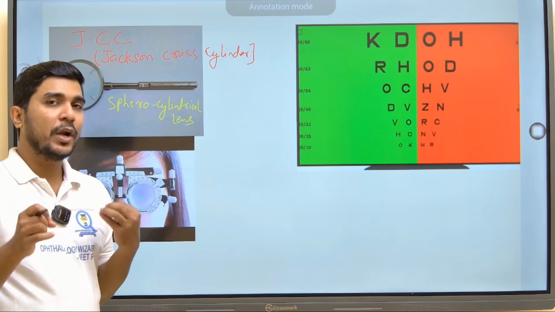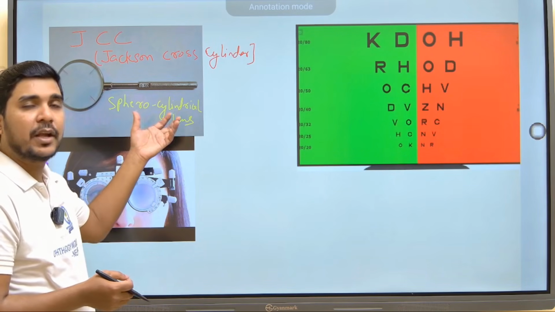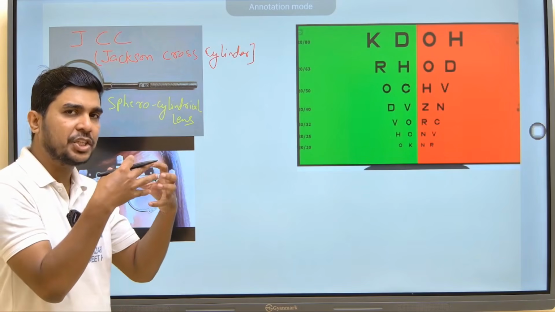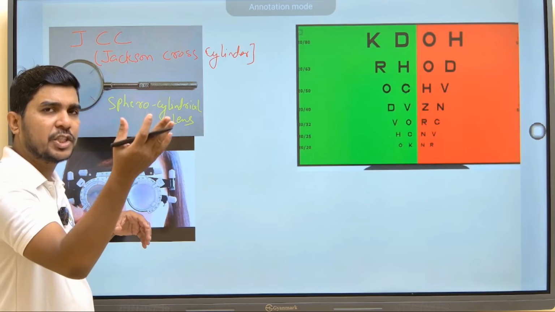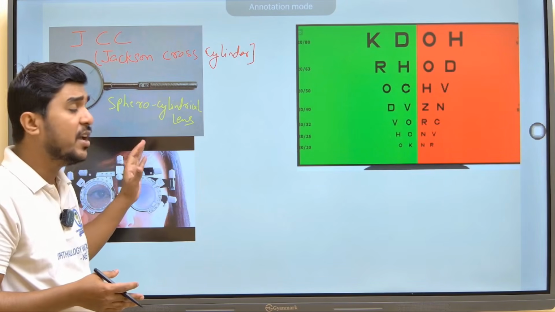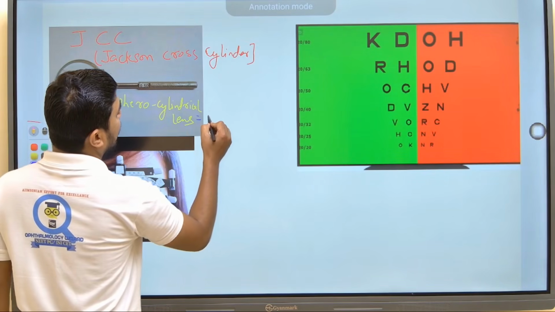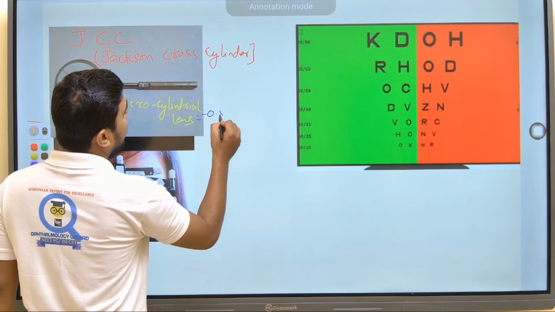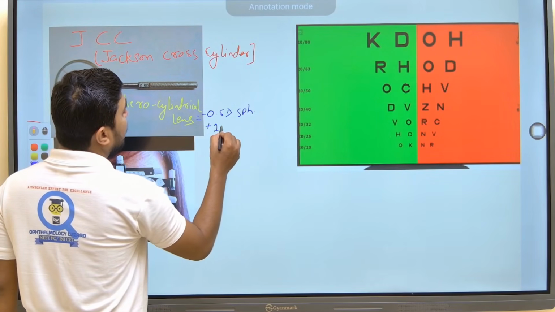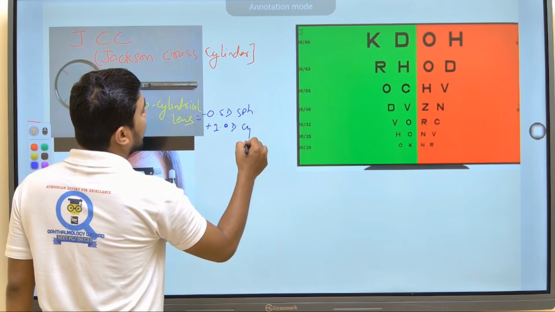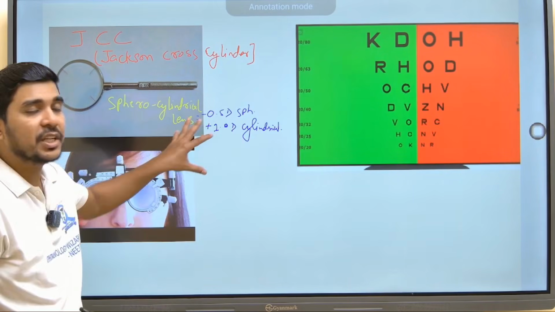So what is the most common combination? The most common is minus 0.5 diopter sphere and plus 1.0 diopter cylinder. This is the most common combination that is being used.